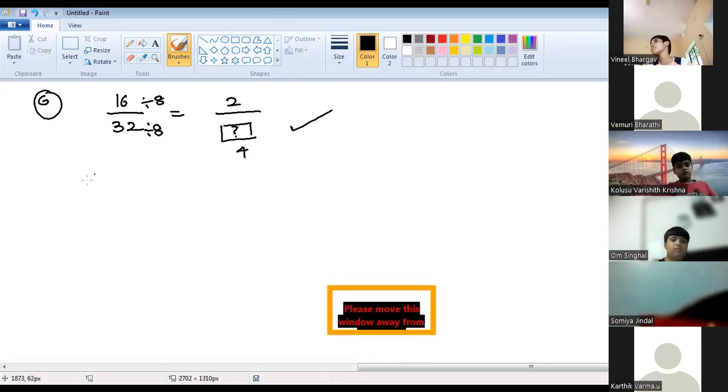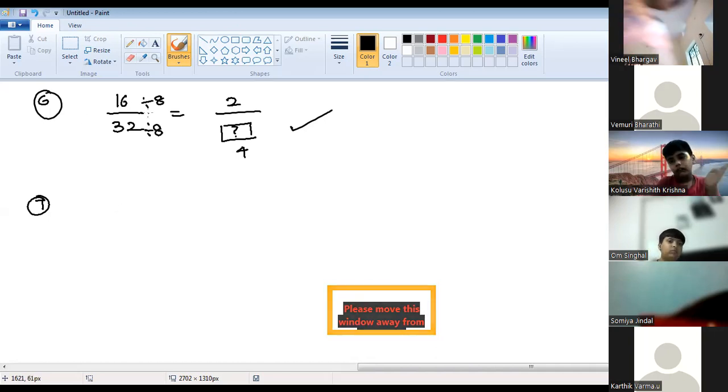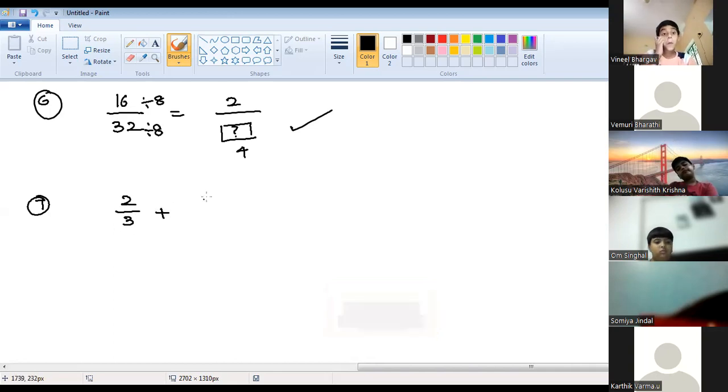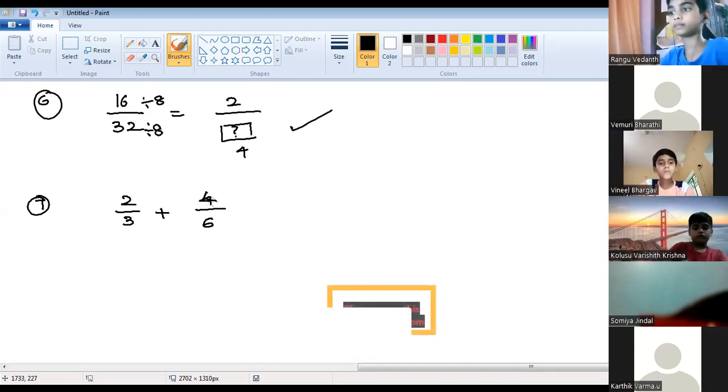Good, Karthik. Next question to Vinil Bhargav. These are very important, children. You are making like fractions, nothing else. You are writing equivalent fractions. That's all. Suppose my question is 2 by 3 plus 5 by 6.